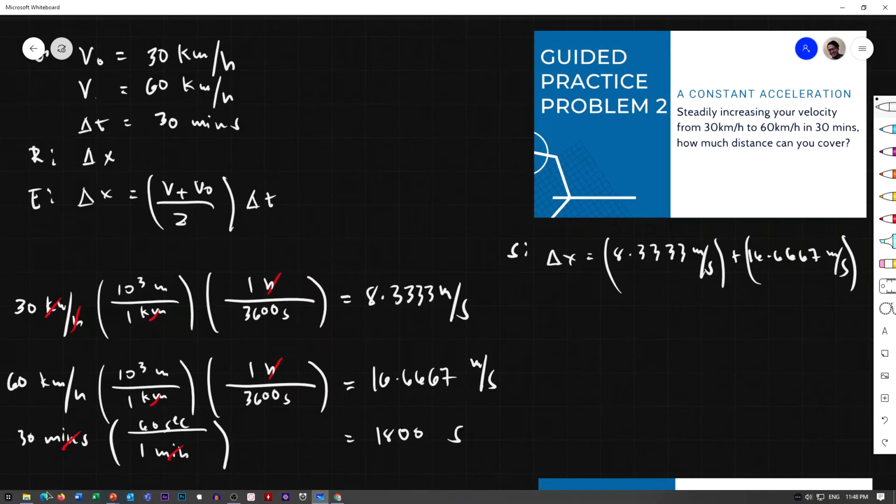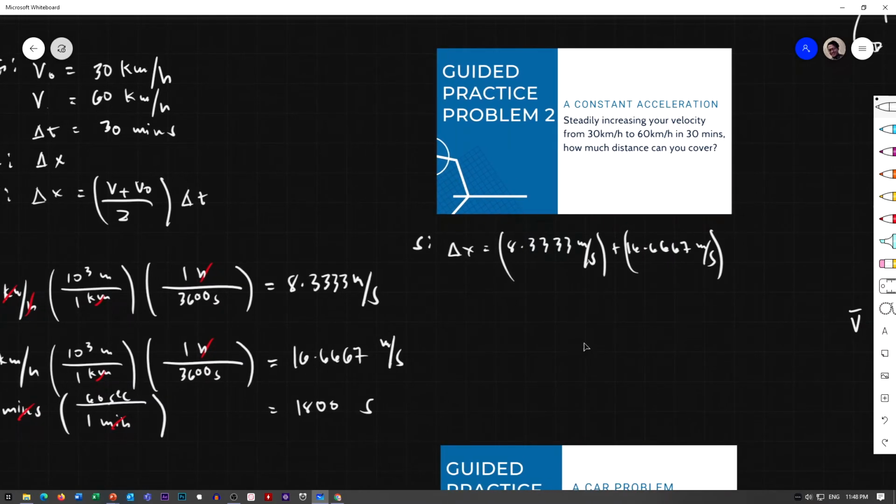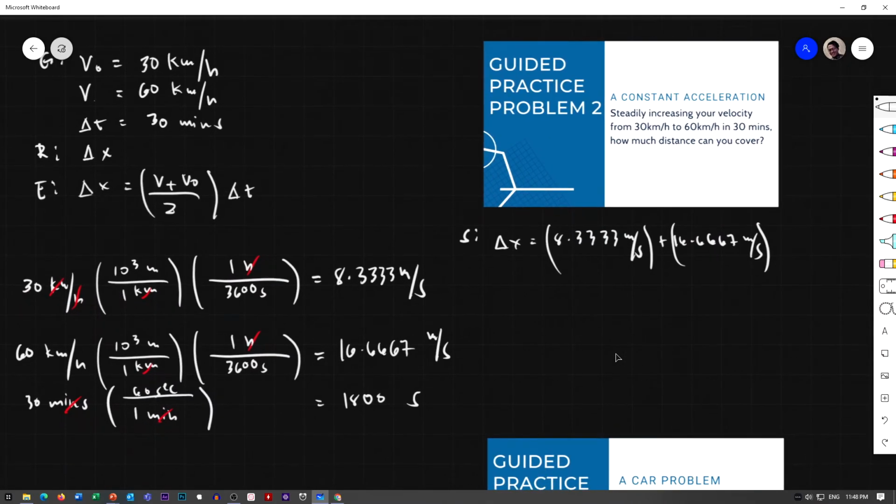Okay, then we divide this by 2. Multiplied by time, which is 1,800 seconds.